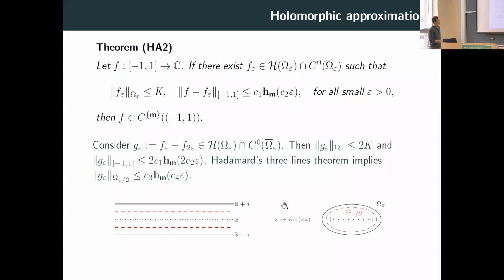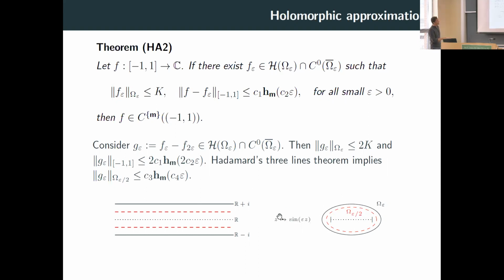Here is the ellipse omega epsilon, and this ellipse is the image of the strip in the complex plane of all points whose imaginary part has absolute value less or equal 1, or strictly less than 1, under the map z goes to sine of epsilon times z. Okay, so this map is surjective onto the ellipse. It's highly not injective, but that's not a problem for me.